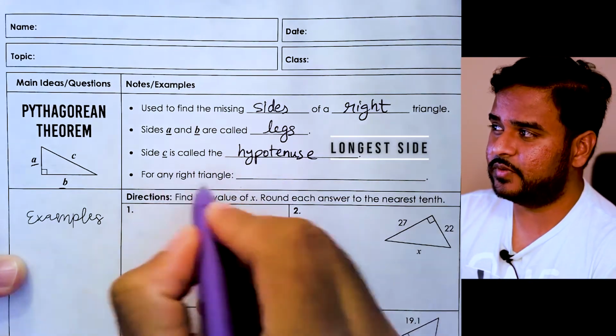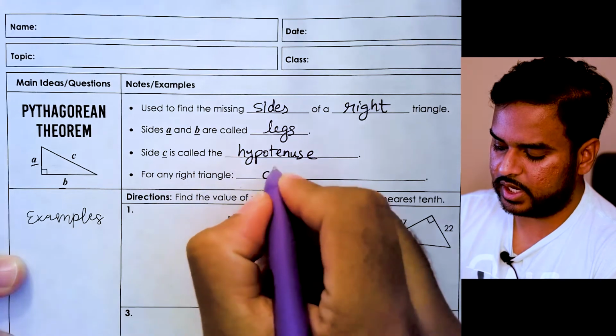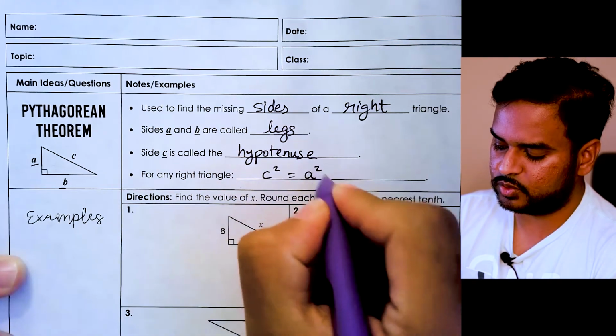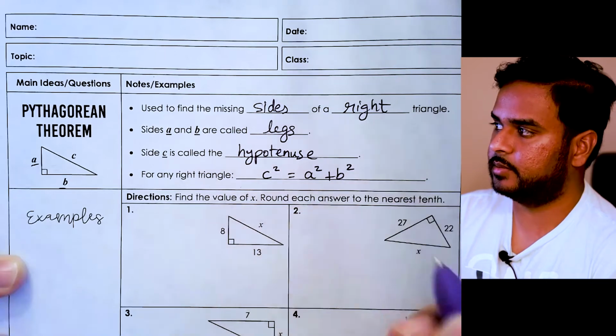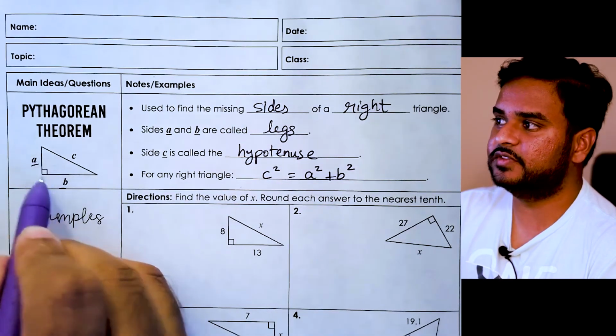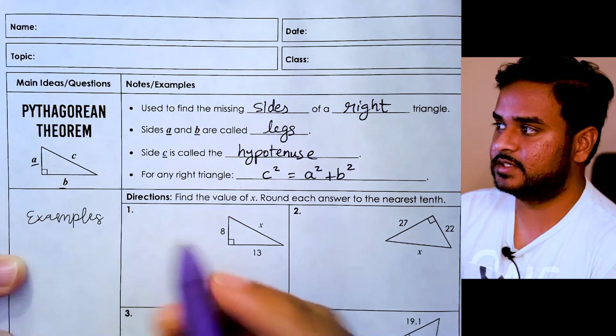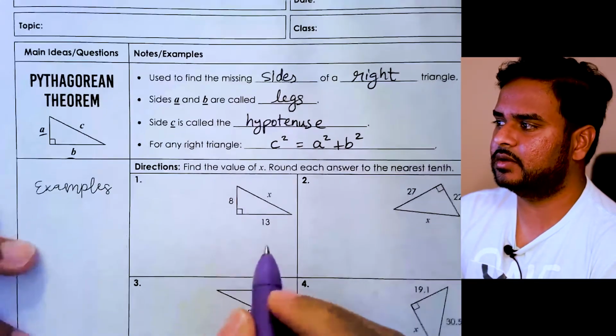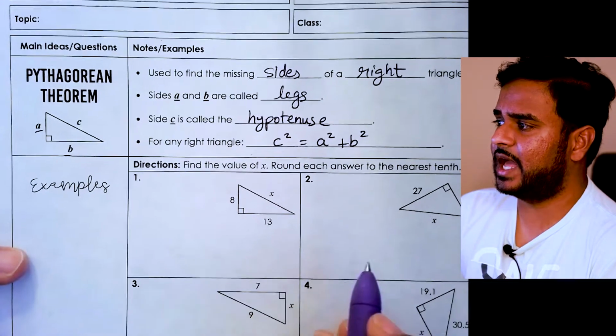For any right triangle, C squared equals A squared plus B squared. That means the square of the hypotenuse is the sum of the squares of the other two sides. Let's see how that works out in an actual problem.